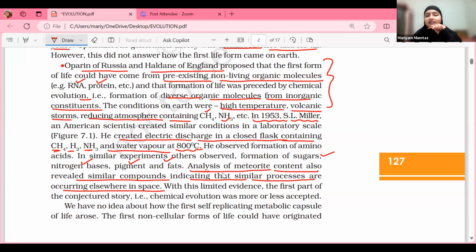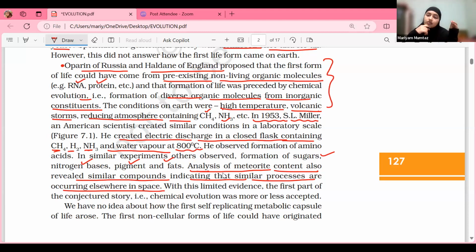So basically, we are seeing that in chemical evolution, the first ever thing to be evolved was amino acid. And when other people were doing the same experiment to demonstrate this chemical evolution, they also got sugars, nitrogen bases, pigments, and fats.